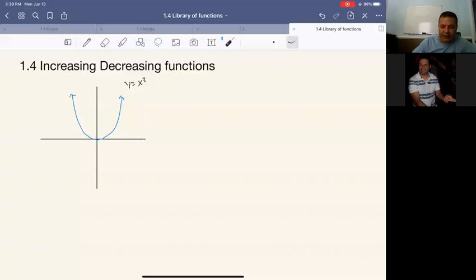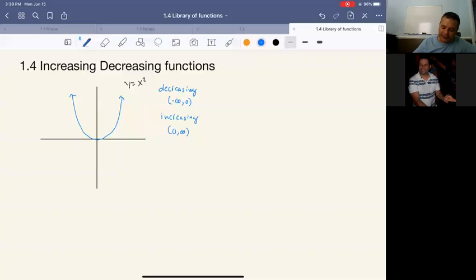And then over here, it's going to go up. So we're going to say that this is decreasing on negative infinity to 0, and it's increasing on 0 to infinity. Okay, so that's the first example.